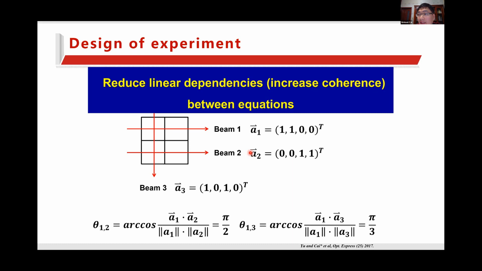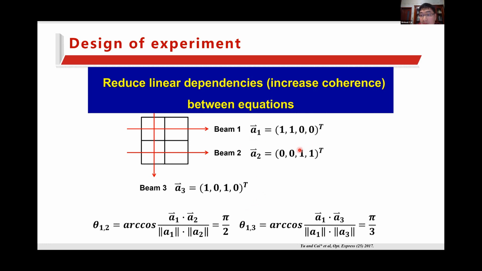We can calculate the angle between the vectors, which are defined by the rows of the weight matrix. If the angle between these 2 vectors is pi over 2, that means these 2 vectors are completely independent, orthogonal to each other.